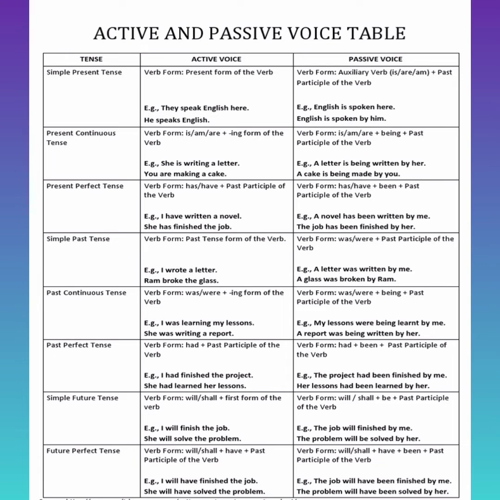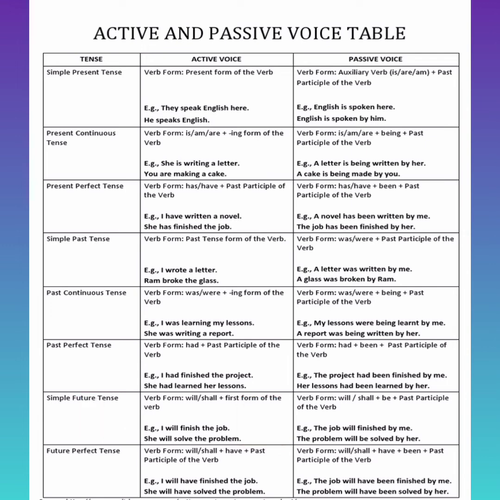In past perfect, we have to observe that had plus past participle is there, and that becomes had been plus past participle. Okay, so the past participle is compulsory in the passive voice. Now if it is simple future, will or shall plus the first form of the verb is there, and that will become will or shall plus be plus past participle.